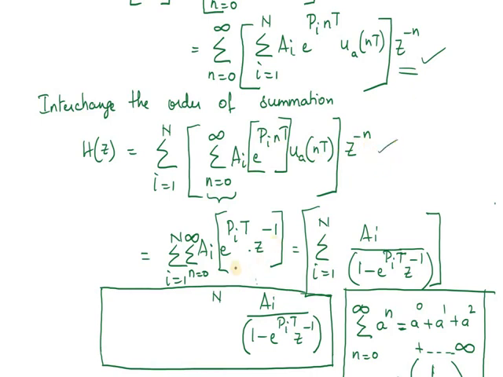Here, if you see both of these terms, e raised to Pi nT and z raised to minus n, the common power in both is n. So we can write e raised to Pi T multiplied by z raised to minus 1, all raised to n.